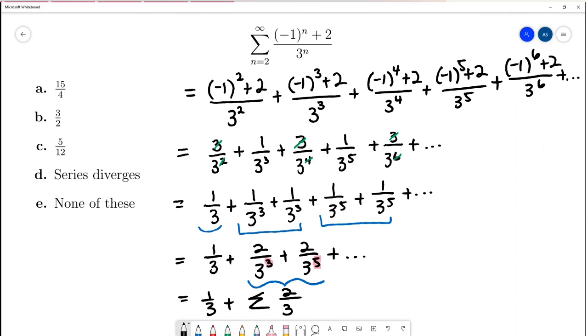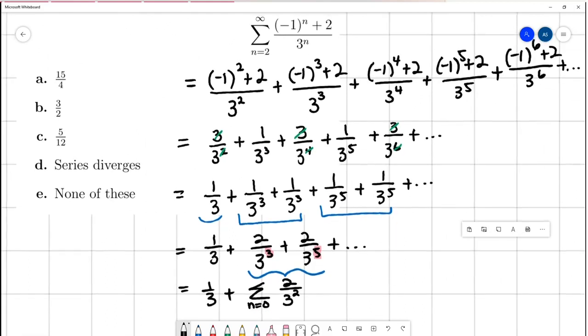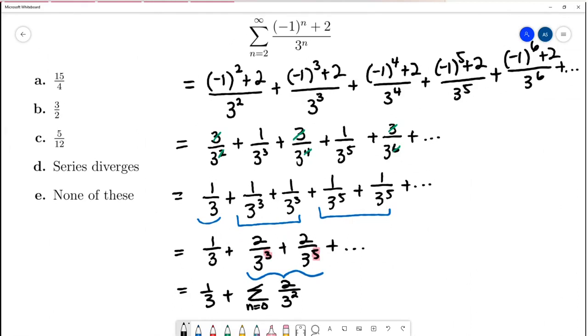I also want to start my sequence at 0 so that I can use the geometric sum formula. So I need that to be 2n plus 3. If I plug in a 0, that's going to start with an exponent of 3 and then go up by odd numbers. So this will go to infinity.